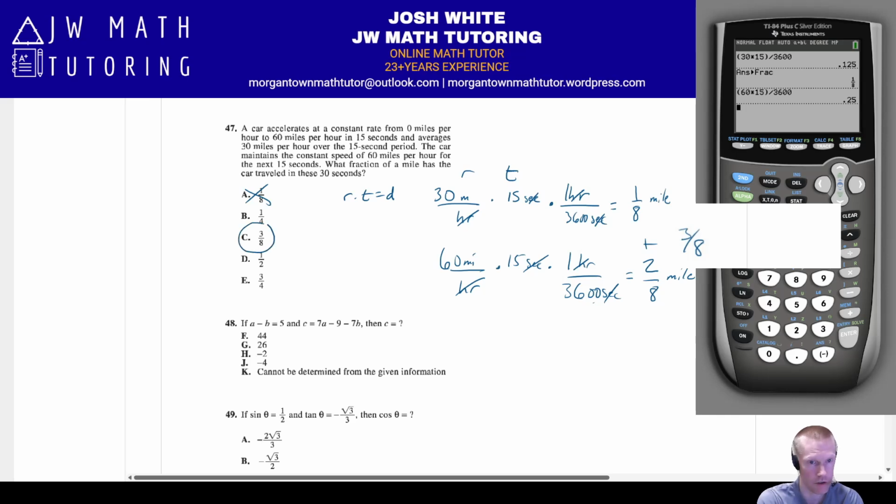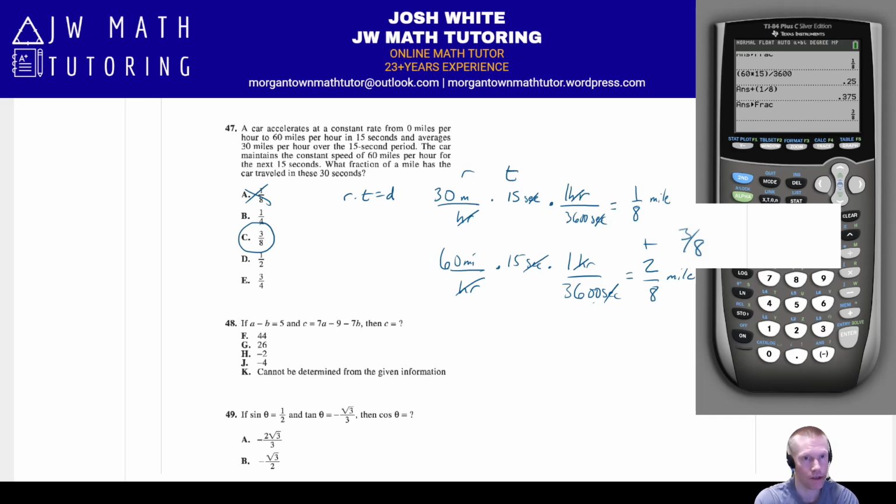The correct answer here is letter C. You could also take our answer and add it to 1/8, or we could just type the decimal. It's 0.375, then math, fraction, and there it is, 3/8. Okay, so that's how we could do this question.